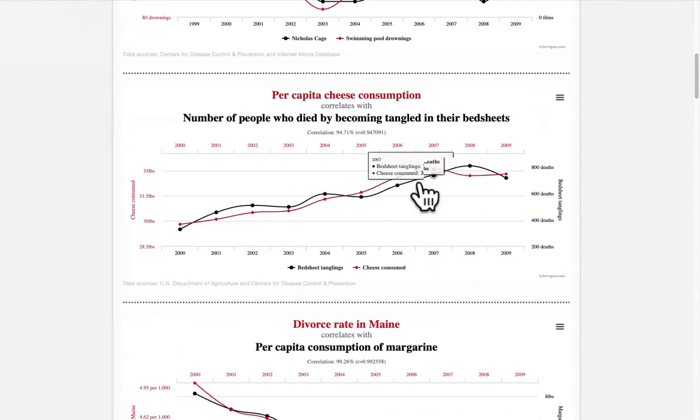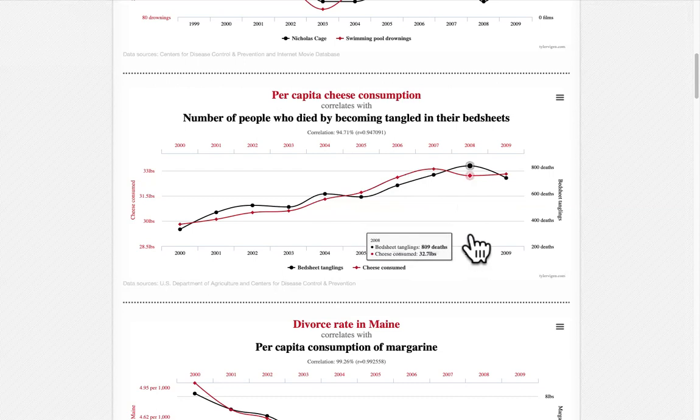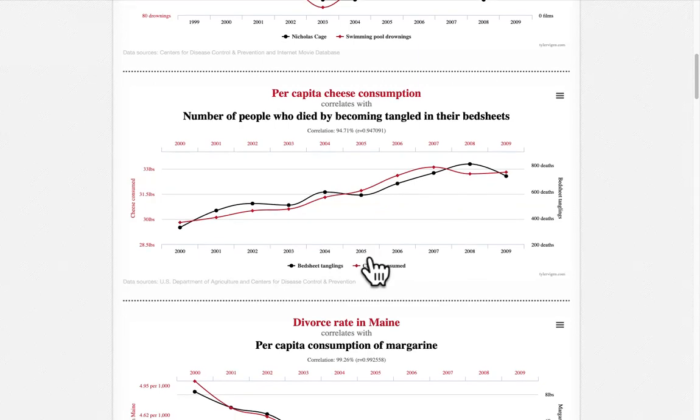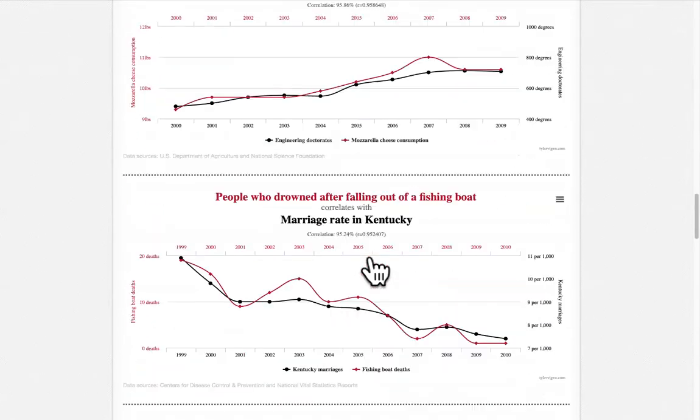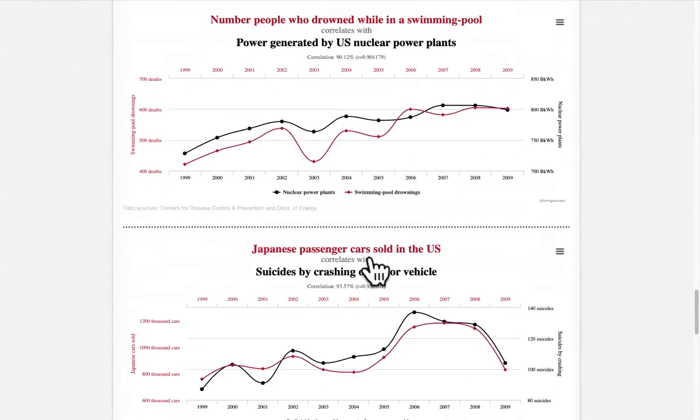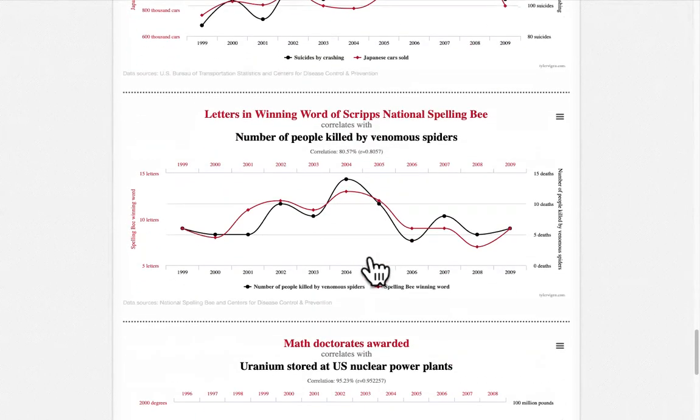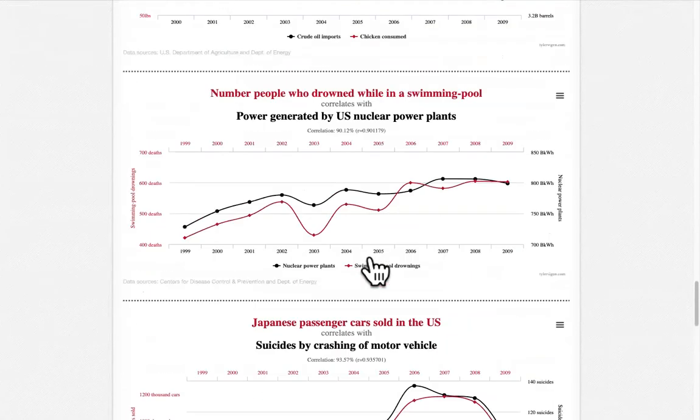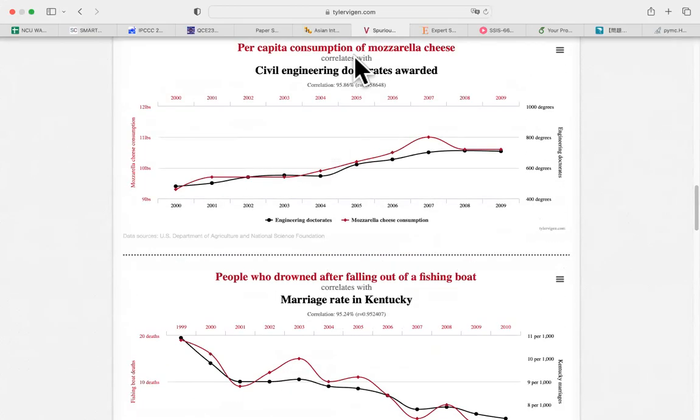But again, this just shows you a correlation. It has nothing to do with causation. There are so many examples, and they are quite interesting. They can be used as your chit chat. But you get the idea.